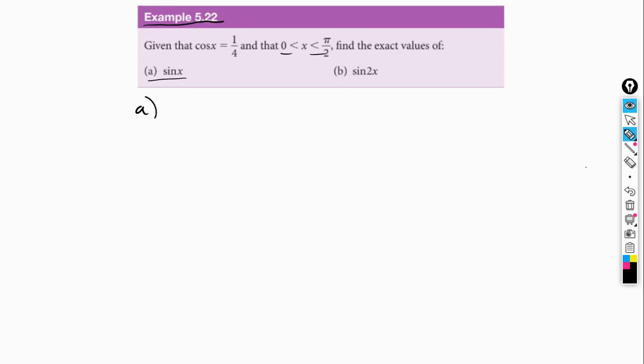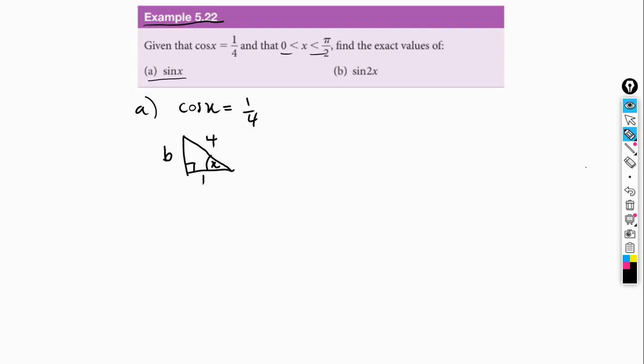The first one is using the fact that cosine of x is equal to 1/4, then we can imagine a right triangle. So let's suppose this is a right triangle, and this is an angle x. So if cosine of x is equal to 1/4, that means that this side, the adjacent, is 1, and the hypotenuse is 4. And then we can use the Pythagorean theorem to find this other side, which we'll call b.